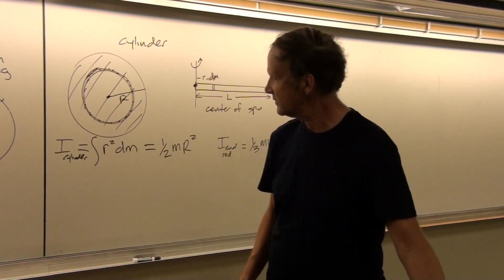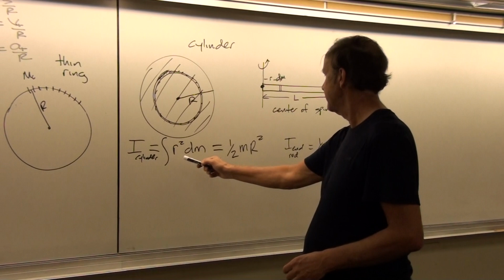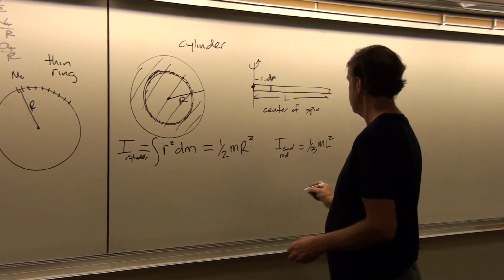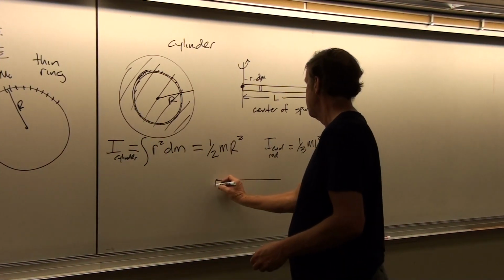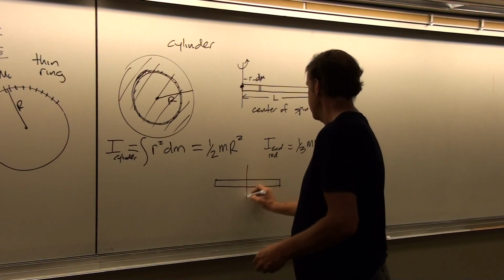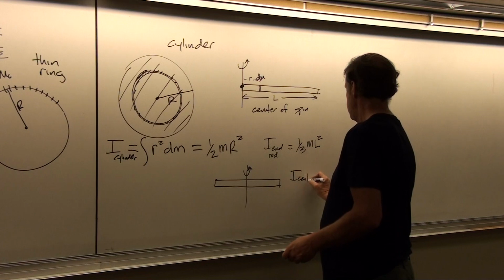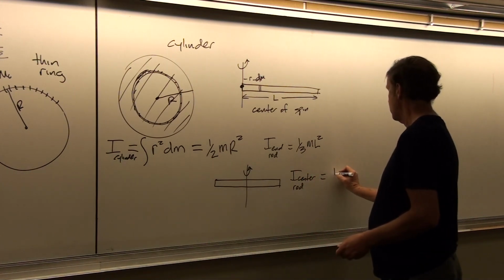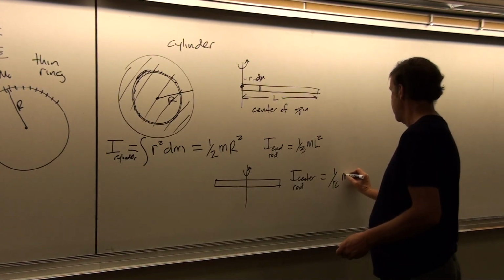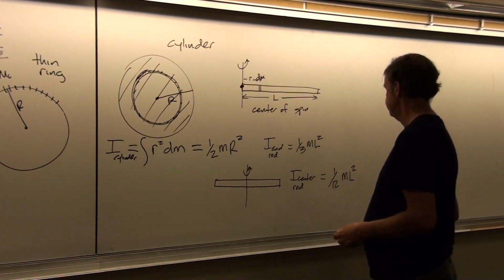So when all the smoke is cleared and we perform the integral with different integration limits, we get I rod about the center as equaling 1/12 ml squared.